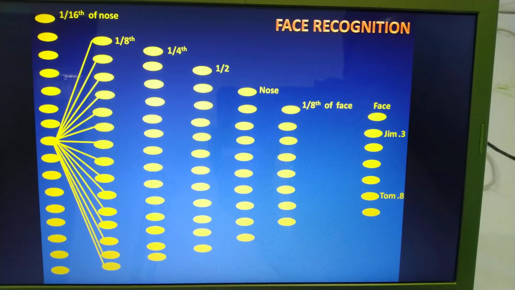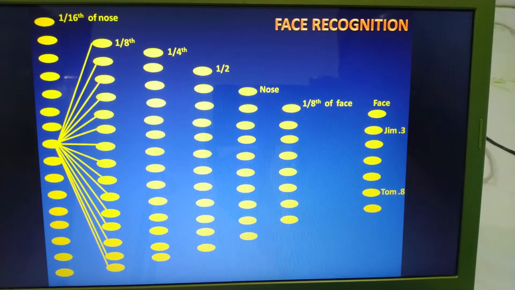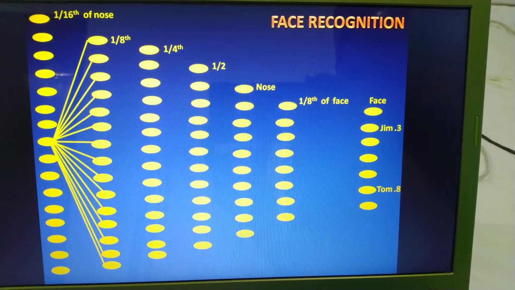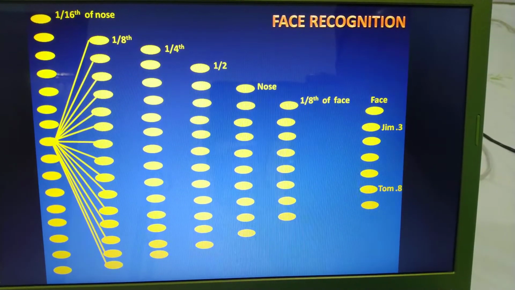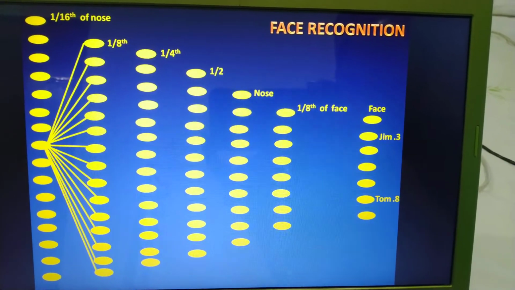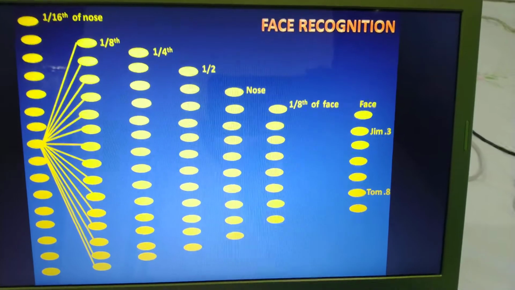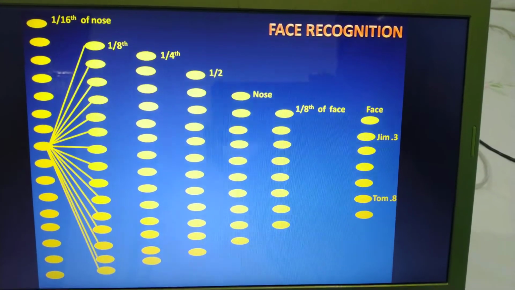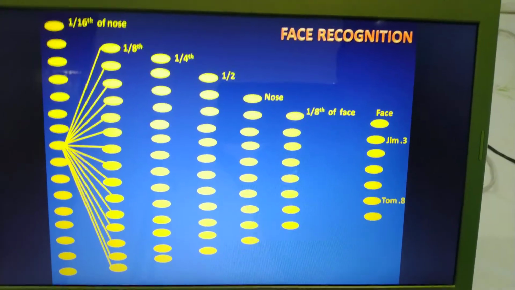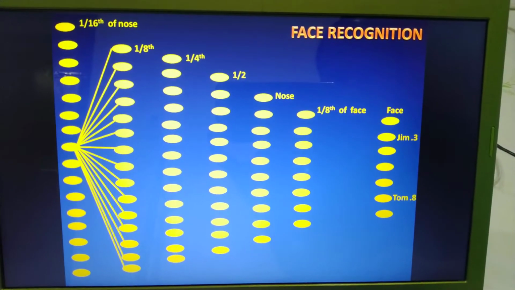See, you have trained the system to recognize two guys, that is Jim and Tom. In the sense, you have actually run the images of Jim and Tom many times in the system and trained the system to recognize these two guys. Now Jim and Tom were clean shaven.